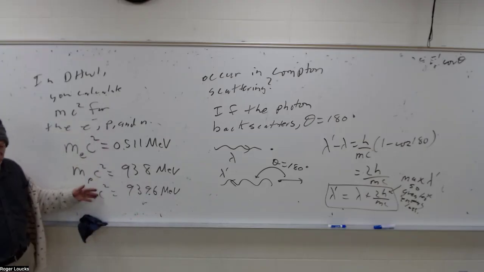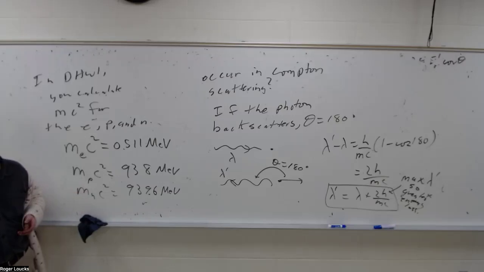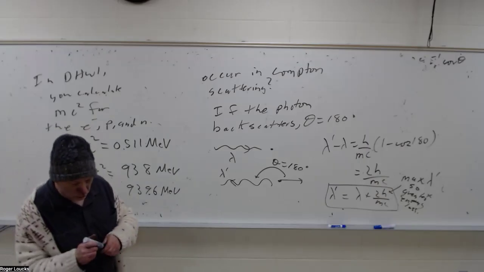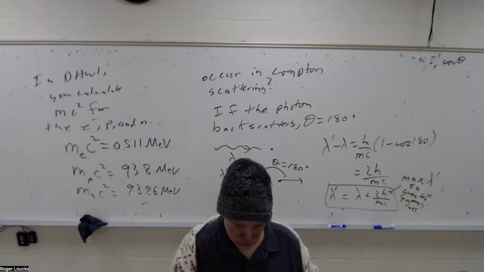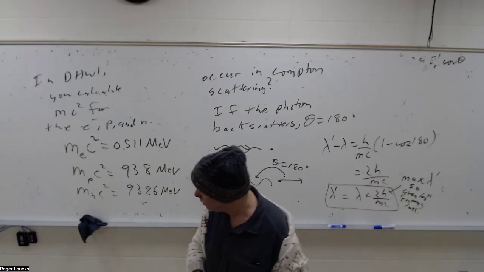It turns out these almost have the exact same mass, and that turns out in nuclear physics to be very important. That gives rise to a symmetry in nuclear physics called isospin. Basically, you can view the proton and neutron as the same particle, just with a different isospin. Don't worry about that. Eventually I'm going to do a course in nuclear physics, and you can spend a long time on isospin.